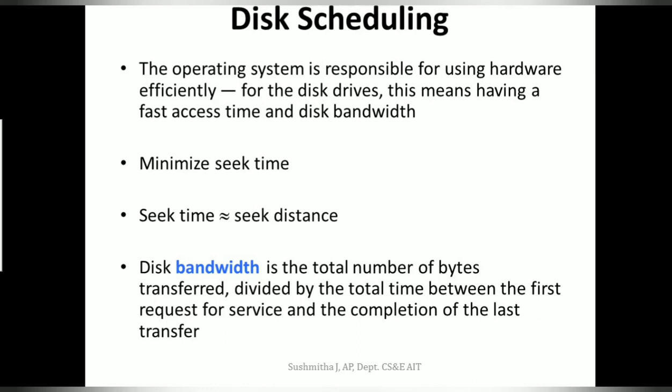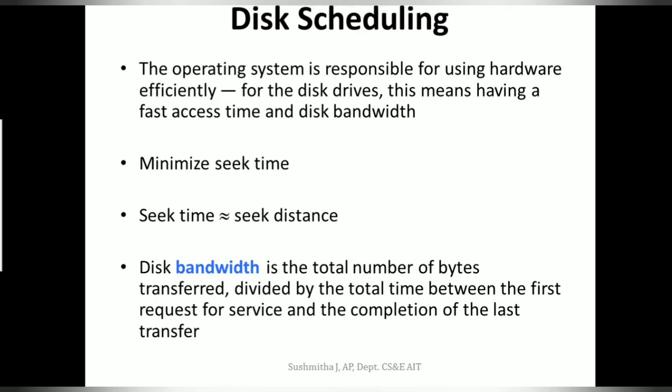If the desired disk drive and the controller are available, the request can be serviced immediately. If the disk or the controller is busy, any new request for service will be placed in the queue of pending requests for the drive.